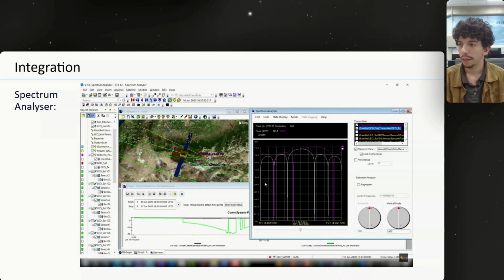Okay, prepare. We have a scenario for a space segment and your analysis of spectrum for the correlations of the gain of the communications or link budgets.